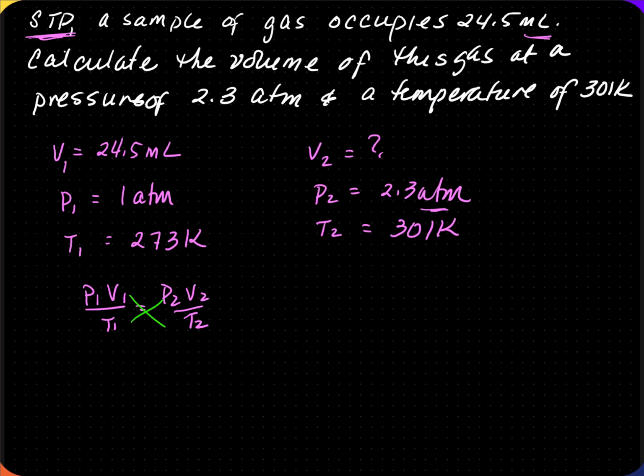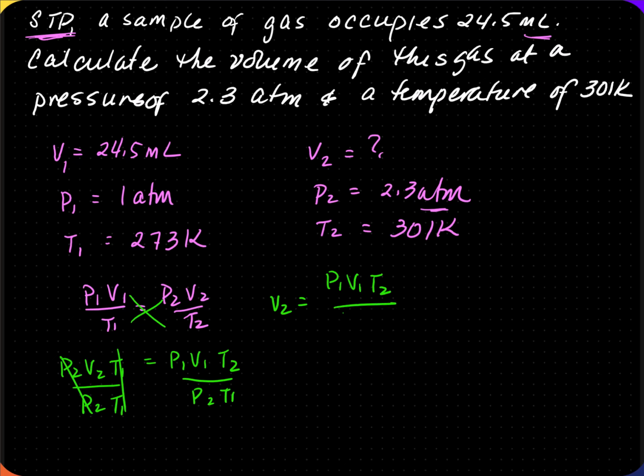So this becomes P2V2T1 equals P1V1T2. We want V2, so we're going to divide both sides by P2T1. So the P2's cancel out and the T1's cancel out. So V2 becomes P1V1T2 over P2T1.